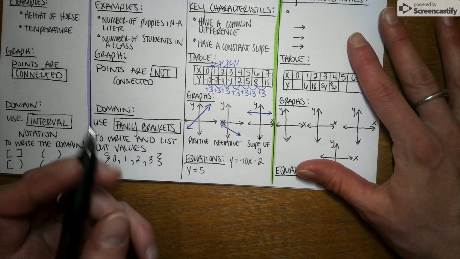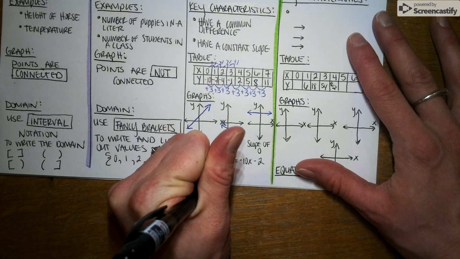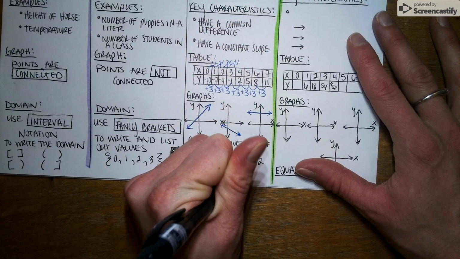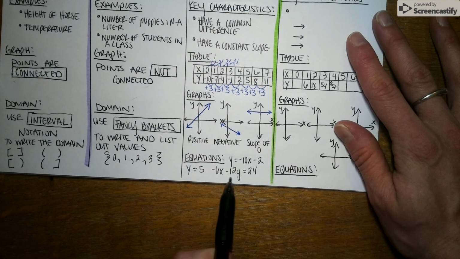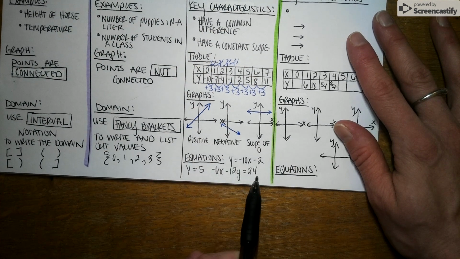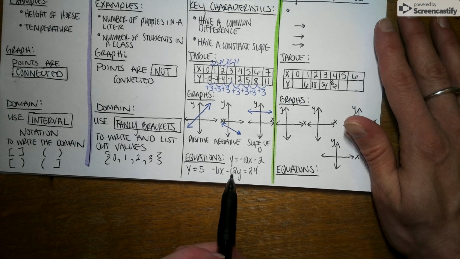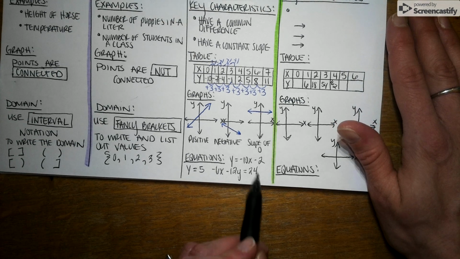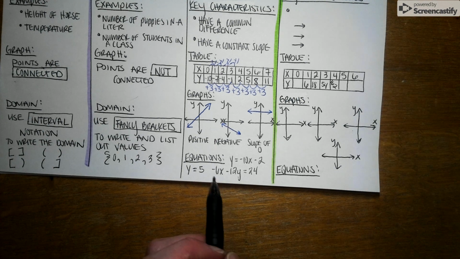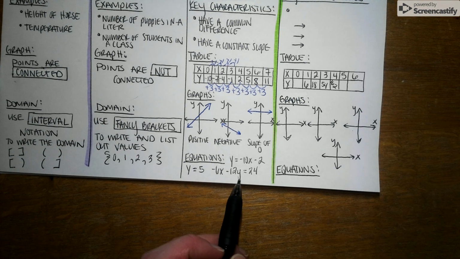Another linear equation could be -6x - 12y = 24. Even though this equation isn't solved for y yet, we'll eventually remind ourselves of how we do that. When we do, I will see that it ends up in y = mx + b form.